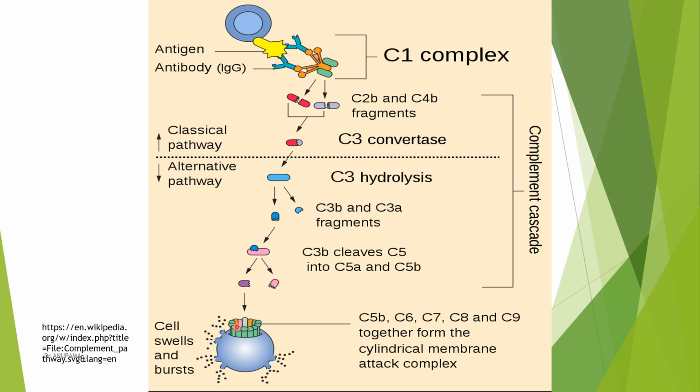Because of the disturbance in the osmolarity, the cell will burst. So this is the sequence. Initially C4, C2, followed by C3, and then C5 activation. Then C5b, 6, 7, 8 and 9 forming the membrane attack complex. Because of the osmolarity disturbances, the cell swells and finally it dies.